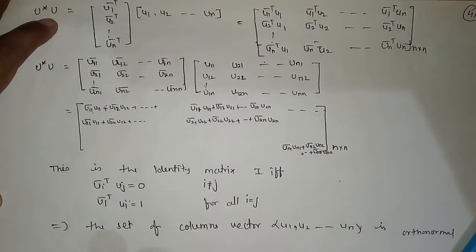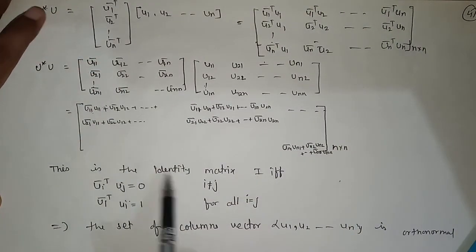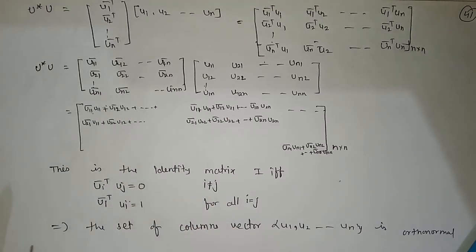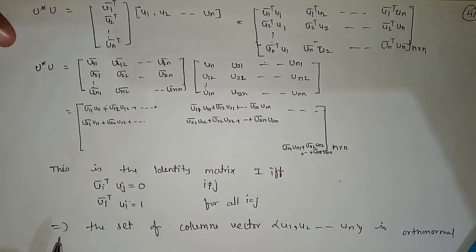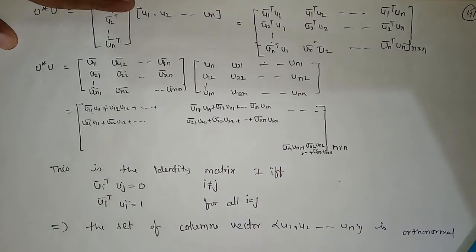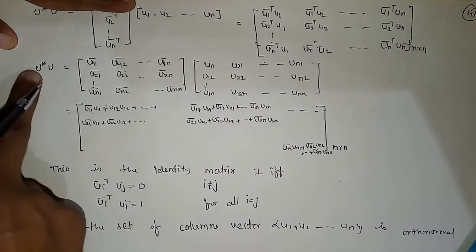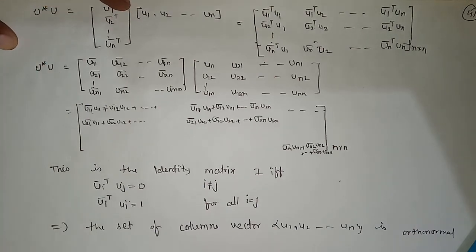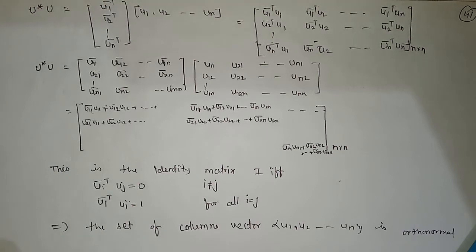So we can write, if we have a unitary matrix, then we can say that the rows of the matrix are orthogonal, and if the rows of the matrix are orthogonal, then we can say that U star U is a unitary matrix, or U is a unitary matrix, because it holds the definition of a unitary matrix, U star U is equal to I. Now if we remove all the complex imaginary part terms, then this theorem is also true for real vectors.